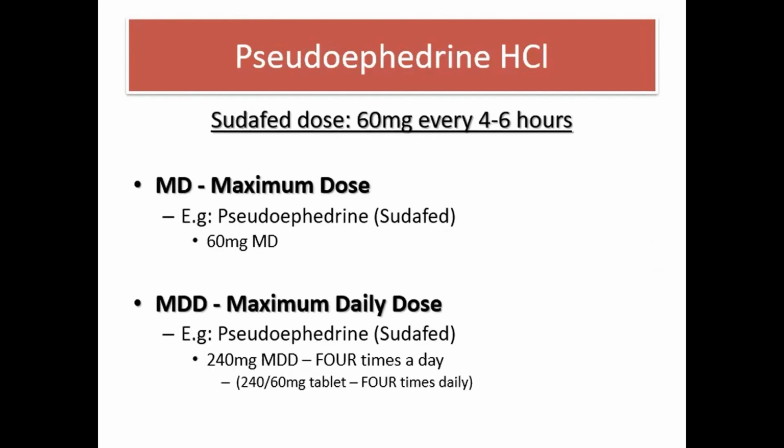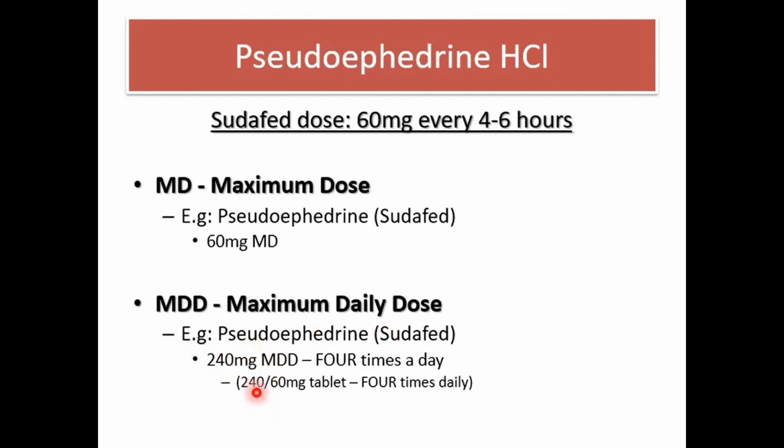So the dosing helps you to identify either the maximum dose or the maximum daily dose. The dosing on Sudafed says 60 milligrams every 4 to 6 hours. 60 milligrams is the maximum dose, and the maximum daily dose is 240 milligrams.